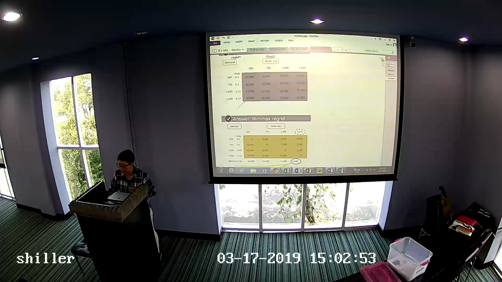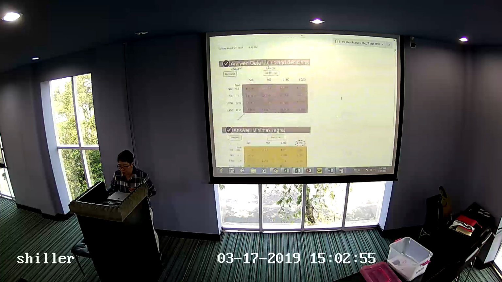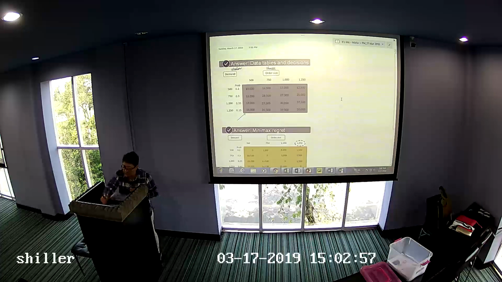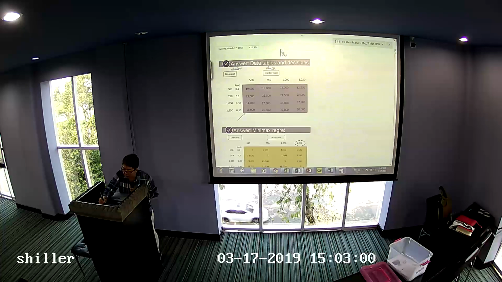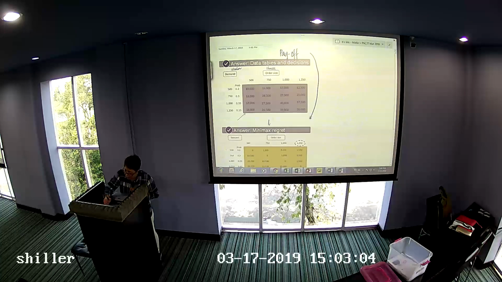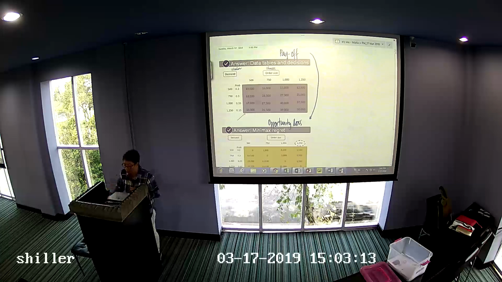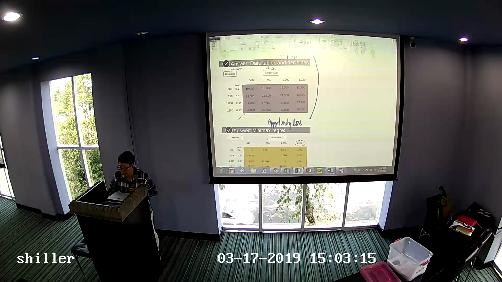Okay, here it is. What was the first one? The first one was a payoff table. I will convert this to an opportunity loss table. How do I do that? Let me enlarge it for you.